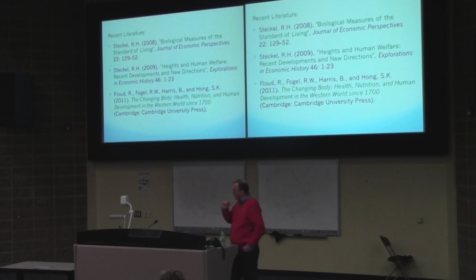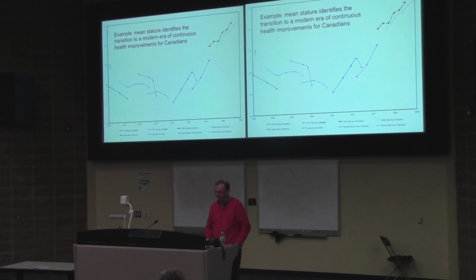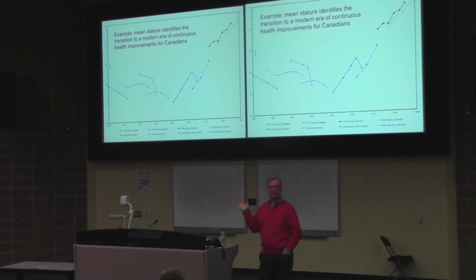So, some literature. This is just to show you, this is not part of the talk, but this is Canada. This is a paper I did with John Cranfield. The furthest line over is the average stature of Canadians who served in the Union Army in the Civil War, Canadian born.